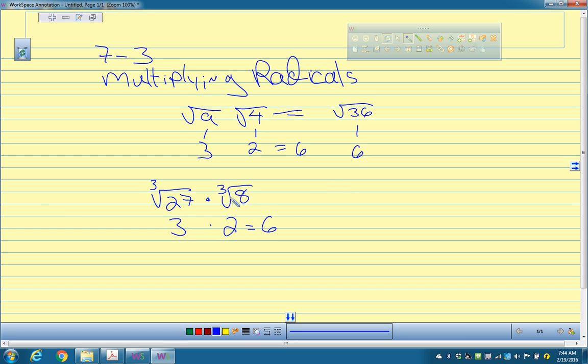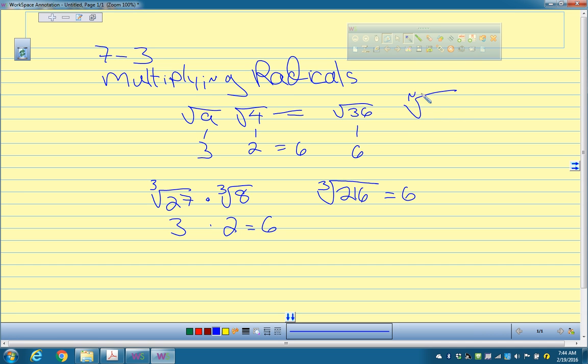If you multiply, you can do this too. The cube root of 27 times the cube root of 8 comes out to be the cube root of 216. What do you think the cube root of 216 is? 6, okay? So that leads to the next rule, which you should probably write down.